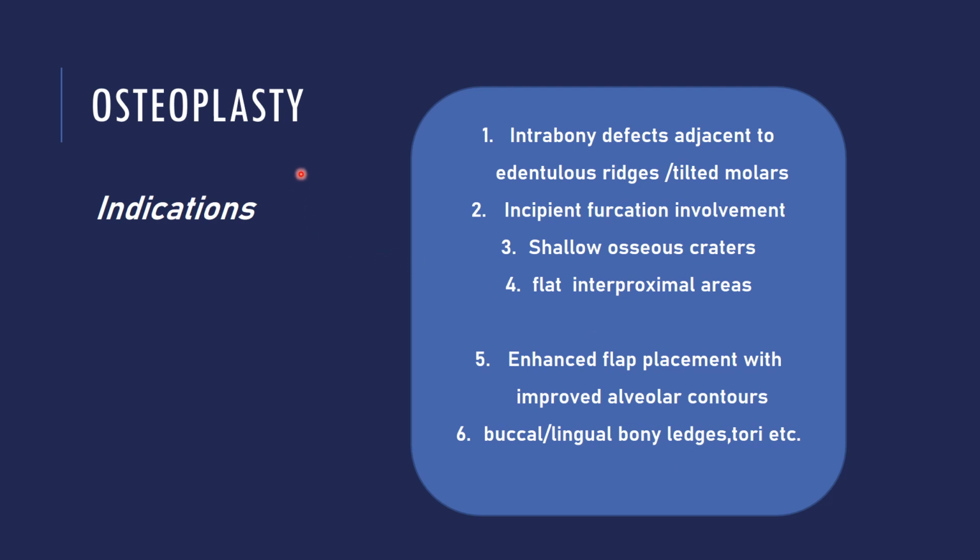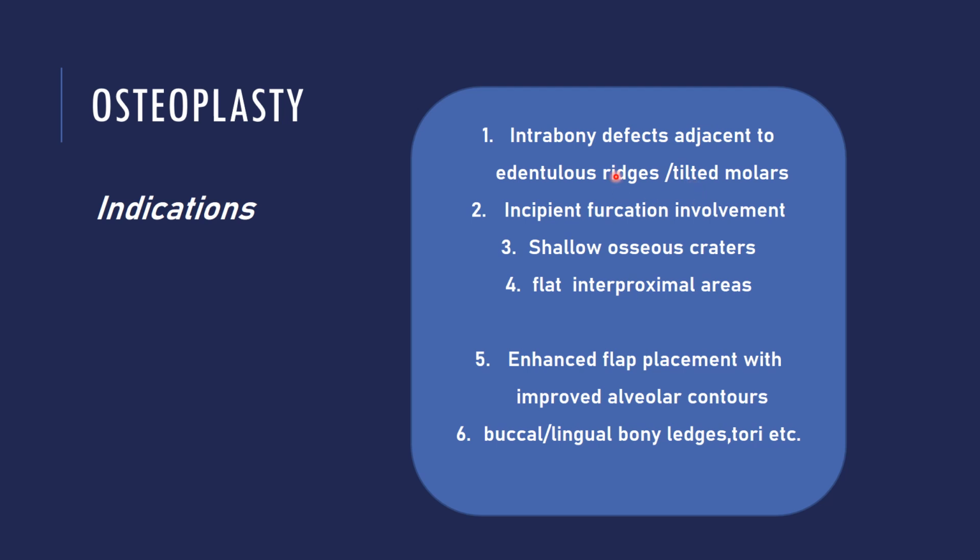Osteoplasty, as we know, is just a reshaping of the bony contours. The indications are intrabony defects adjacent to edentulous ridges or tilted molars, where some amount of reshaping is needed.